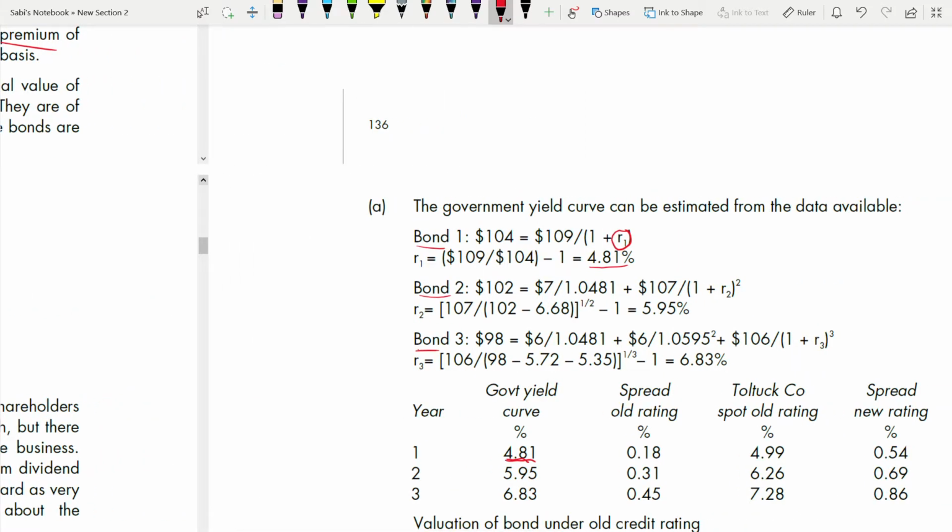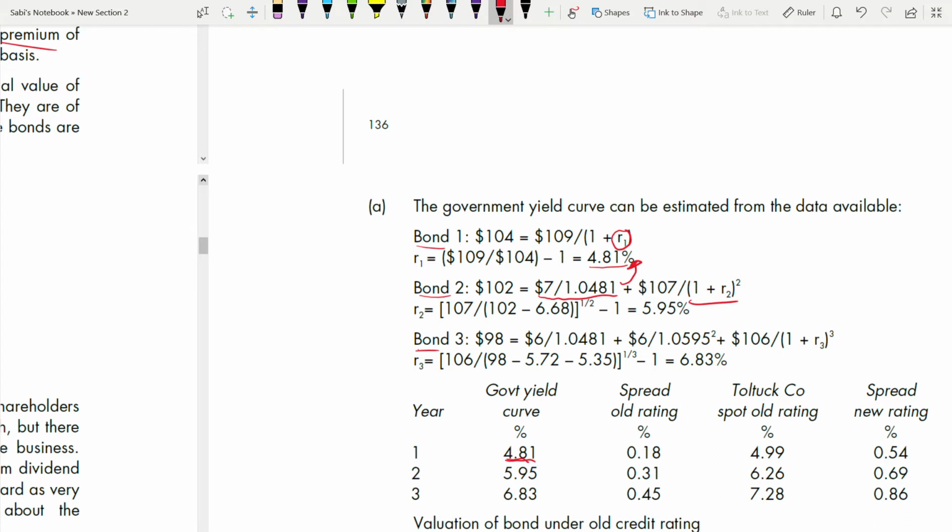The bond is for 2 years, so it is 7 divided by 1.048. What is this 1.048? It is exactly the rate taken from above, because this is for year 1 only. The 7 is the coupon. Plus the second year, where you pay the coupon and the principal: 100 plus 7, 107, divided by 1 plus r squared, to the power of 2, because this is for 2 years.